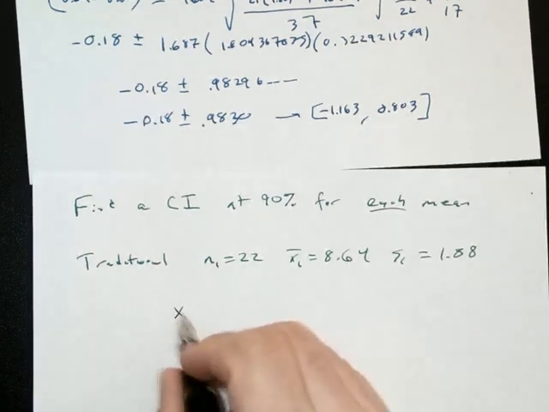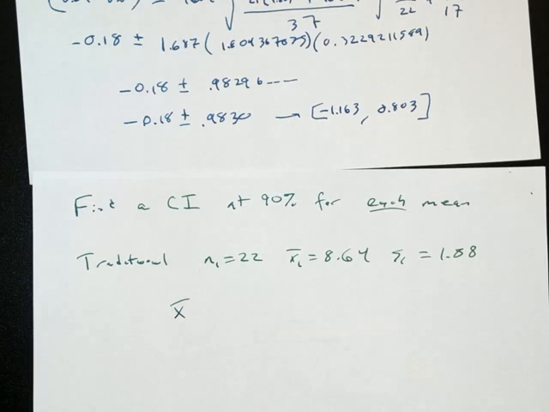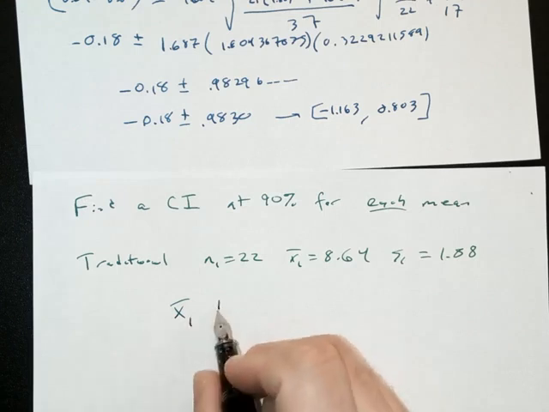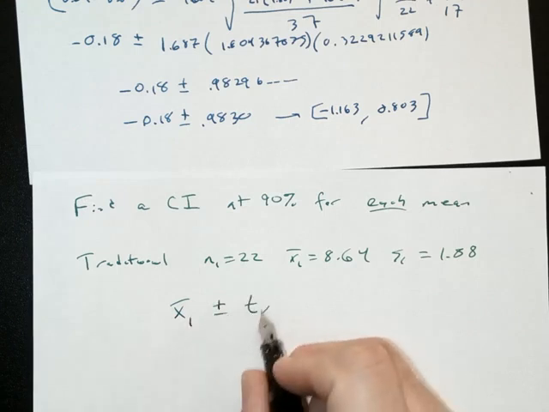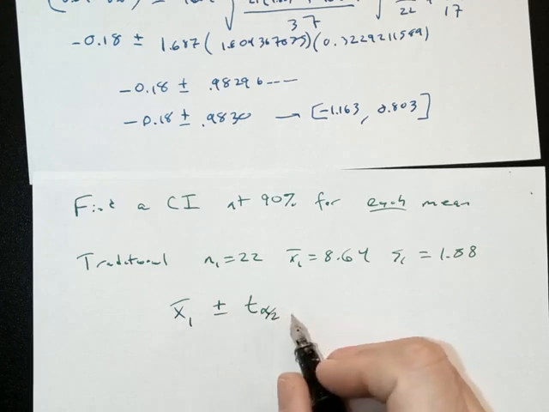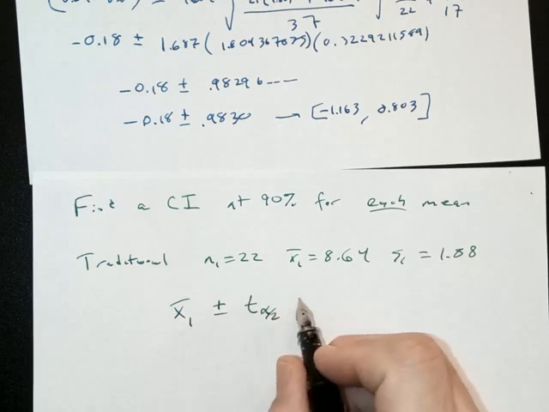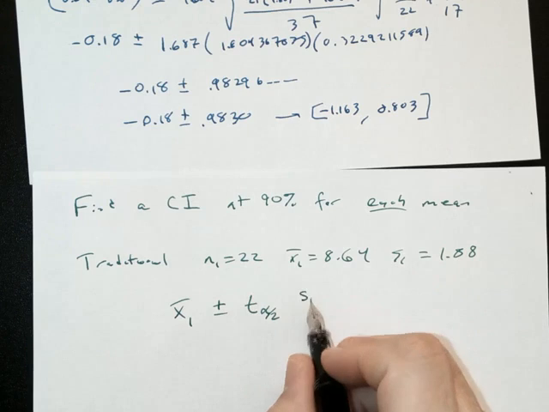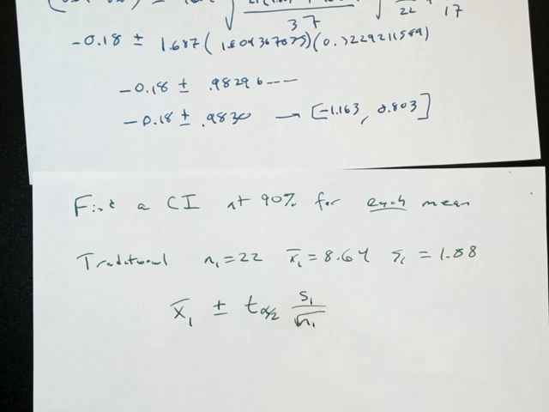I take the number I got for the estimator, and I multiply by the standard error and the t-value.